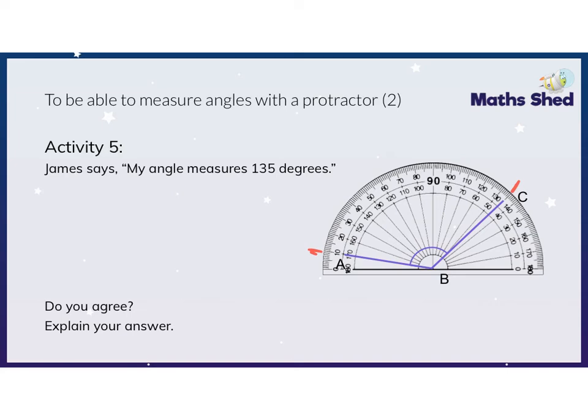He's actually started from 10 degrees and he's finishing at 135. So he needs to make sure that first of all, he's put the edge of his protractor onto this line. So we know that he's not correct. Now if that's starting at 10 and that's 135, the angle is actually 125 degrees.